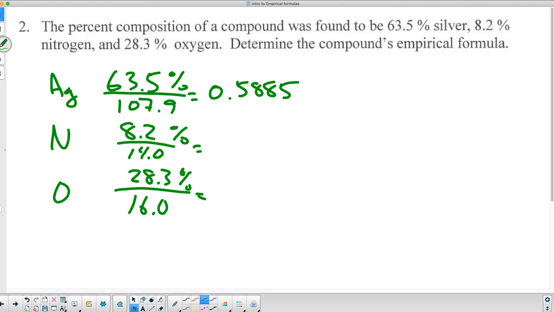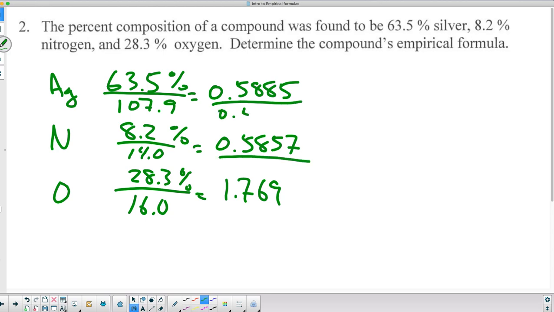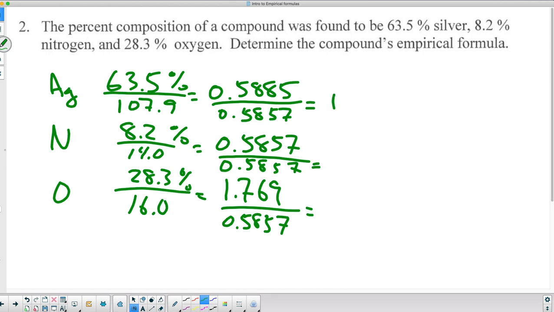That's fine. 8.2 divided by 14 is 0.5857, and 28.3 divided by 16 is 1.769. I divide this by the lower. Like that. I divide this one also by the lower, like that. This is going to be 1 and 1.